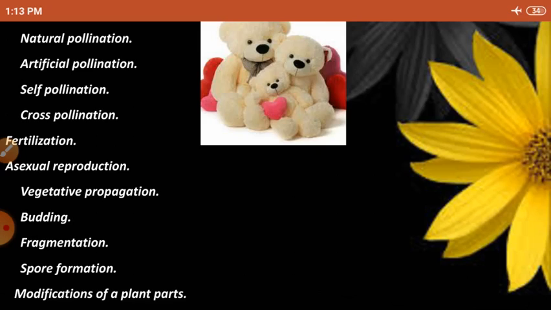This is known as spore formation. And some plants are modified in their structure. Carrot and beetroot are the root part of the plant, but we take them as vegetables because they store food in the root. This is known as modification of a plant.